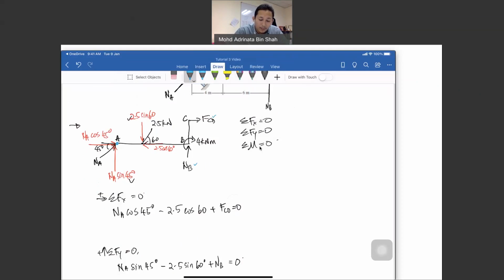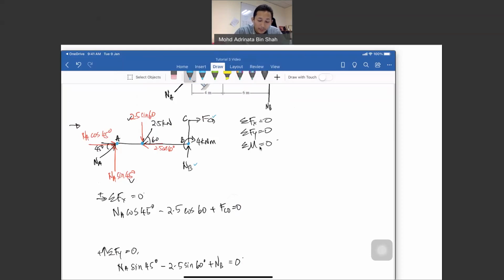If we put at this point, we will have three unknowns of NA, NB, and FCD. If we put at B, we have two unknowns of NA and FCD.